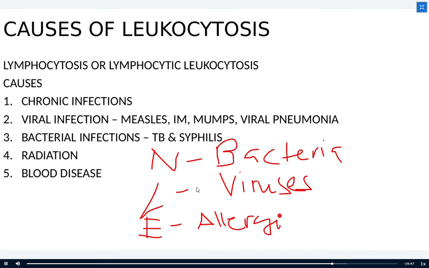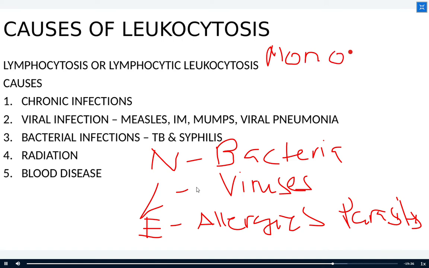and your parasites. Your monocytes class is a bit different. They would tend to fight both bacterial and viral.